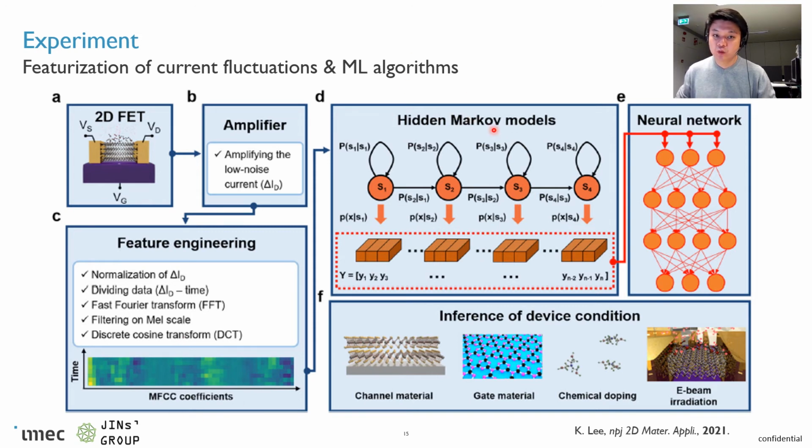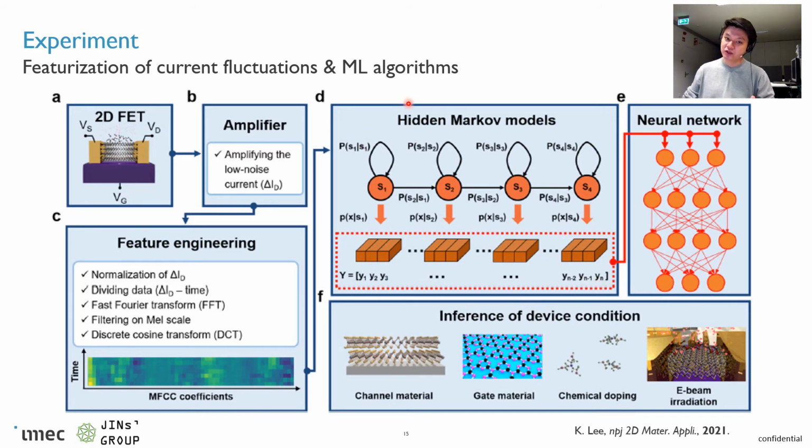Here we trained on the feature data using a hidden Markov model to extract a score vector, large Y, and trained on it again with a neural network to infer the device conditions or characteristics. So we use three machine learning algorithms.